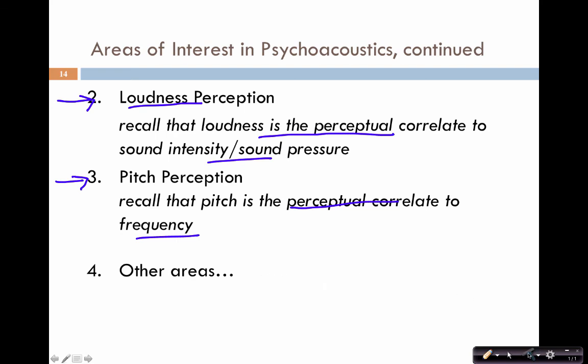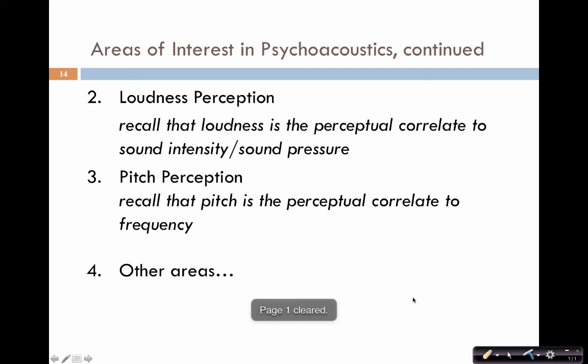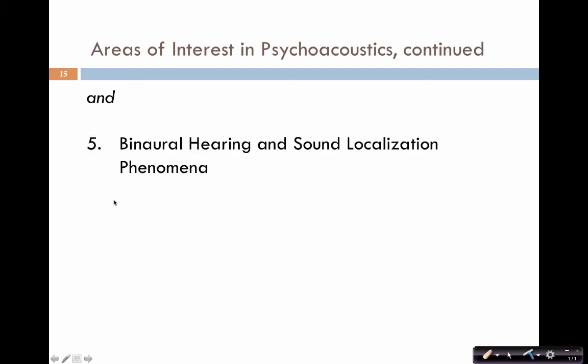And then finally, we will conclude our treatment of psychoacoustics with a discussion of binaural hearing. Binaural hearing is hearing with two ears, and we'll lay out some advantages of having two ears, and we will talk about how humans can localize, that is to say, detect in a sound field where the source of the sound is.